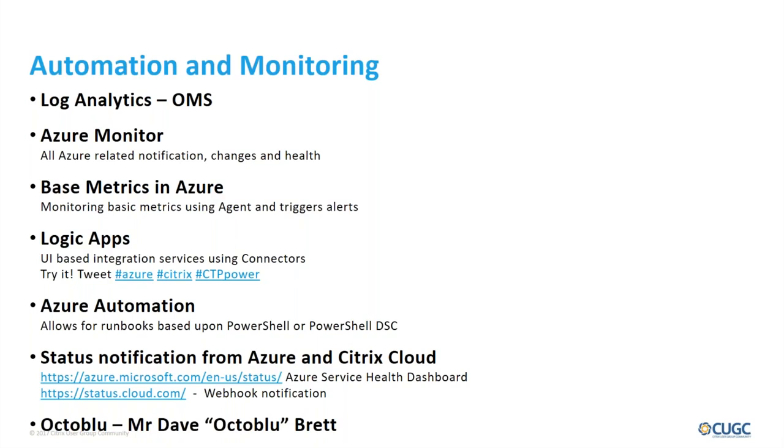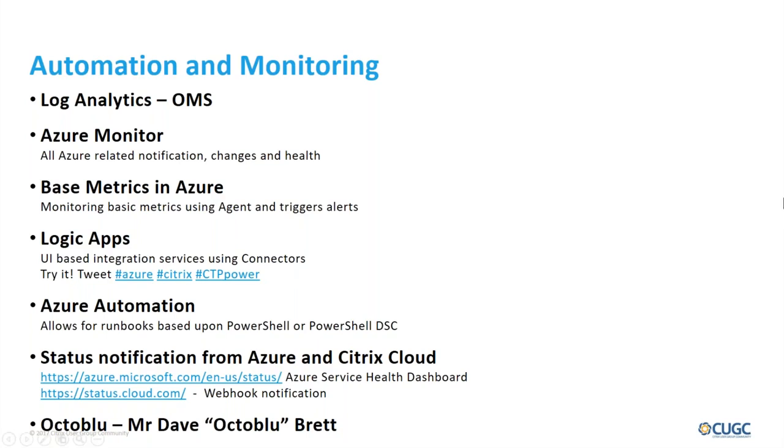And of course, today we've done a lot of work on Octoblu. So we were playing around with different scenarios about how you could integrate Octoblu into your Azure platform, and some of the scenarios we came up with earlier were proactive monitoring.